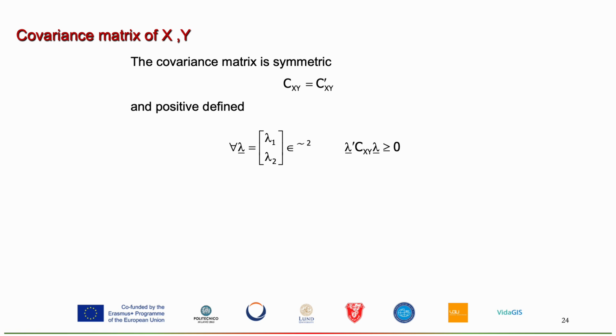What does it mean, positive definite? Take any vector belonging to R², λ1, λ2. The positive definiteness is that λ transpose that multiplies C that multiplies λ is a quadratic form, the result is a scalar, and it is always greater than 0.